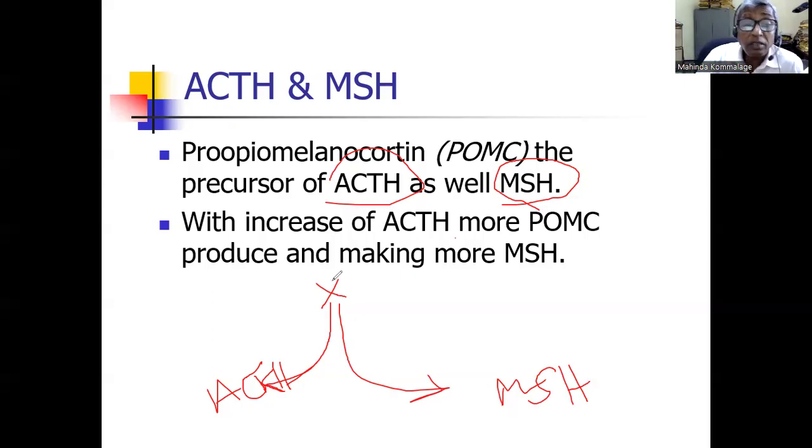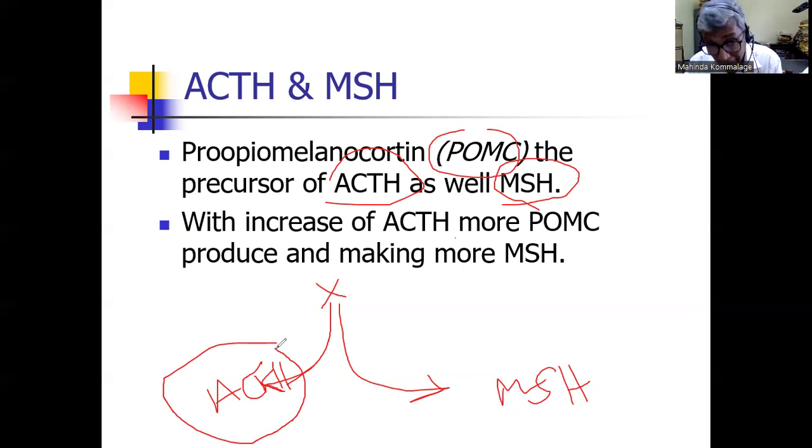So this is the common substance. If there is an excess production of ACTH in our body, to produce more ACTH we need to produce more POMC, proopiomelanocortin. And if we produce more of this substance, some of it will, as a byproduct, be converted to MSH.